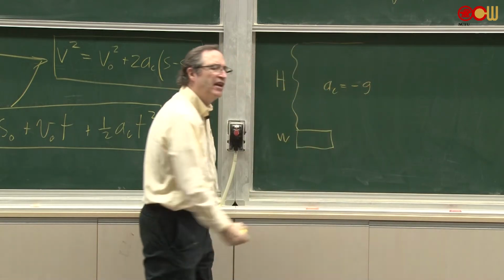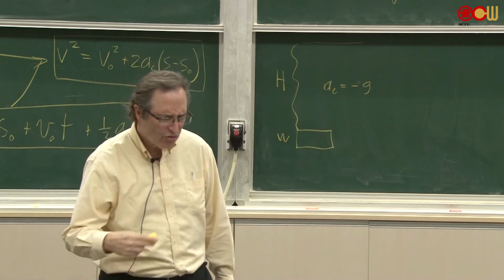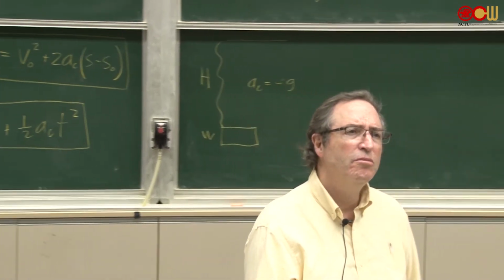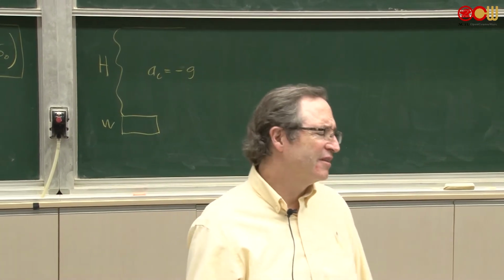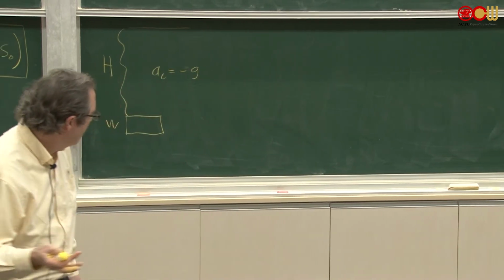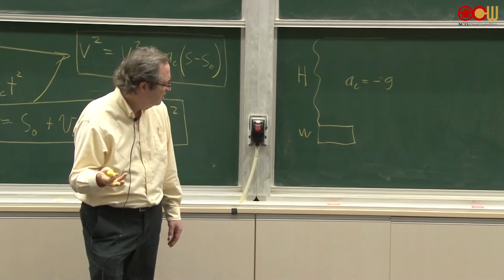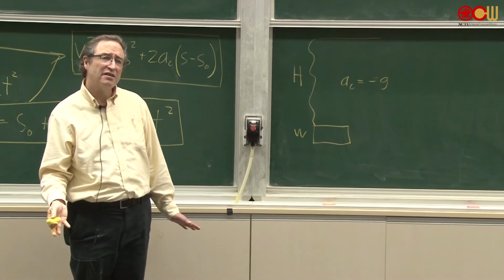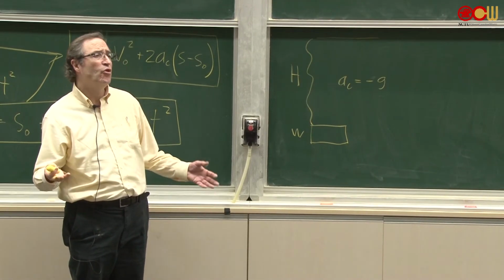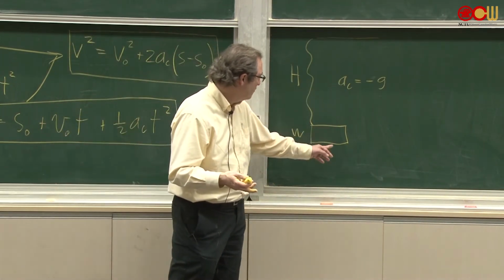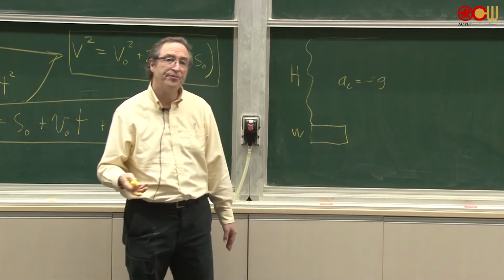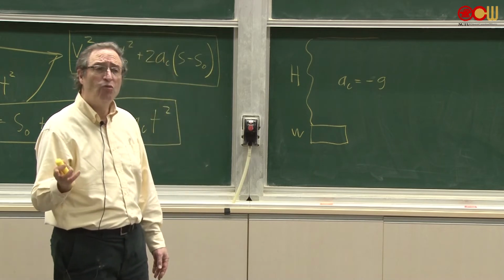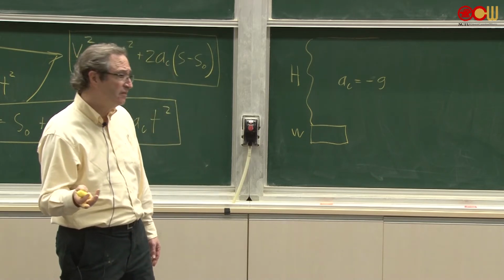What's happening over there? Well, to a good approximation, we can assume that the acceleration is constant, or at least there's some average acceleration. All right? And then the question is, what is that acceleration? What acceleration would work to stop the person by the time they reached there? Okay? First of all, what direction is that acceleration?